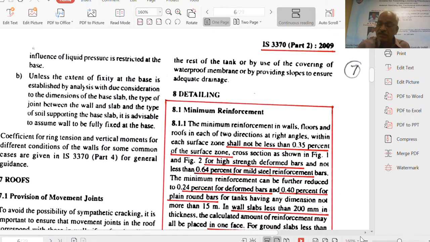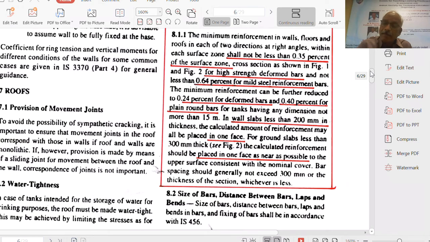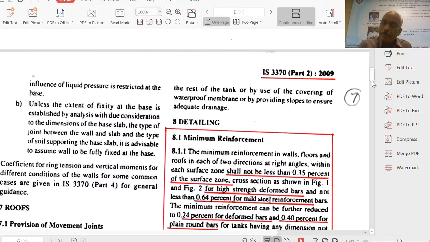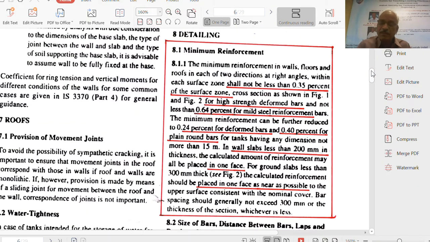Now here we will discuss the minimum reinforcement. This is another important point to be discussed.